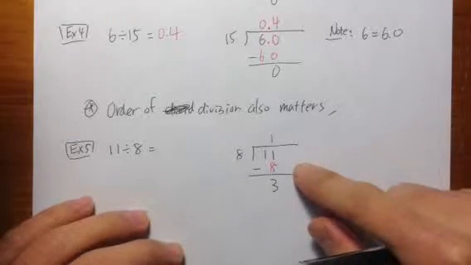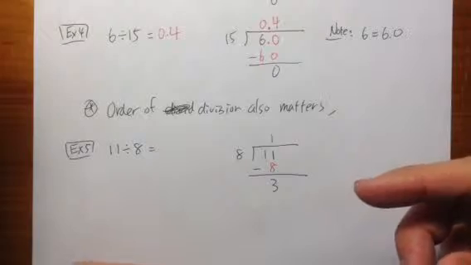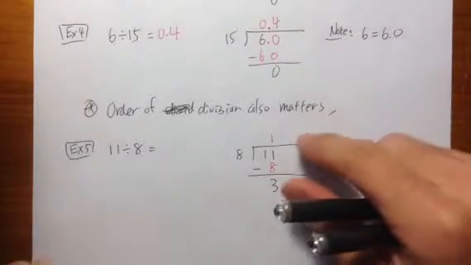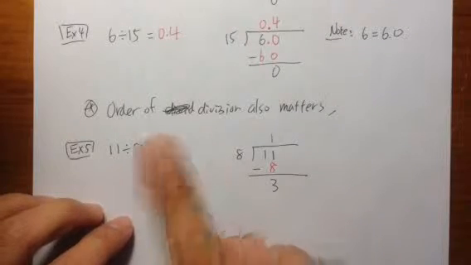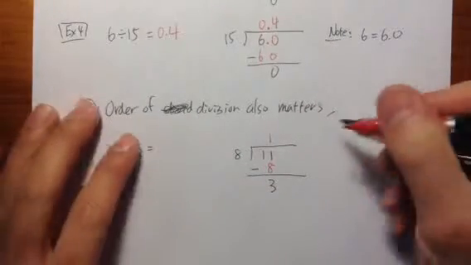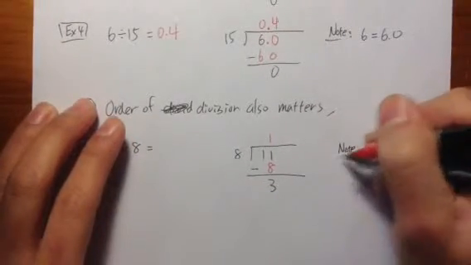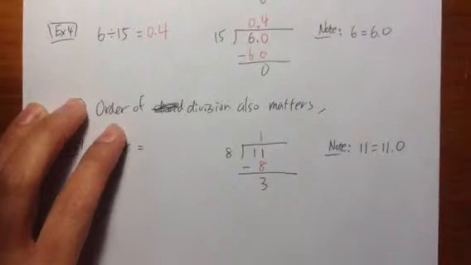Well, do you want to keep going, or do you want to see some decimal numbers? Then let's do it with decimal numbers. Otherwise, you can just say the answer is equal to 1 with a remainder of 3. But I want to see how to deal with decimal numbers. Okay, we love decimal numbers. Let's do it. So again, I'll make a note right here. 11 is equal to 11.0.